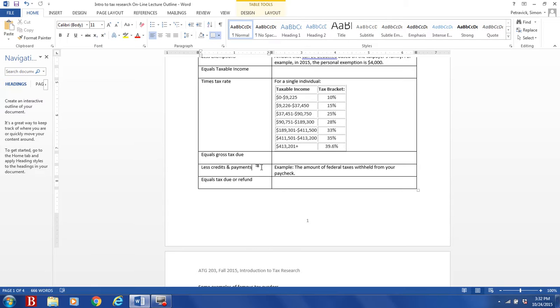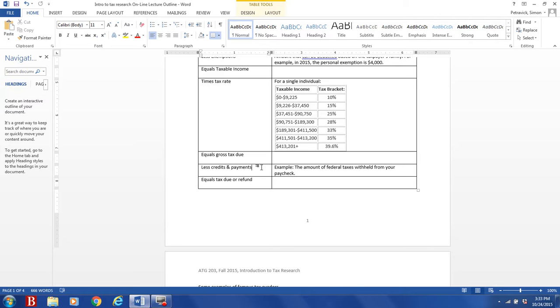Your employer looks at how much you made in that pay period. If you continued to earn that amount for the year, what would your federal tax liability be? Then they deduct an amount that represents a percentage of your federal taxes that are due.